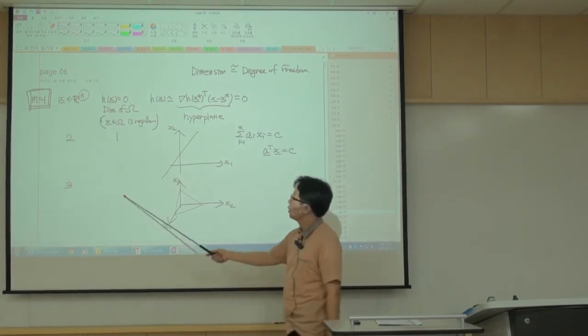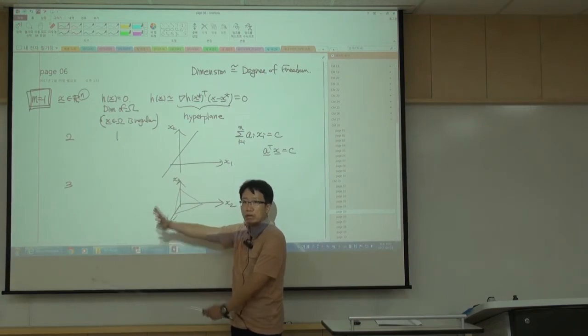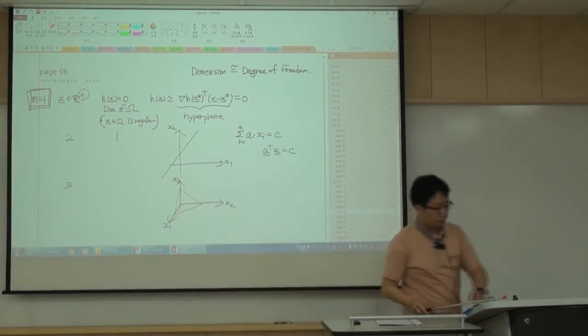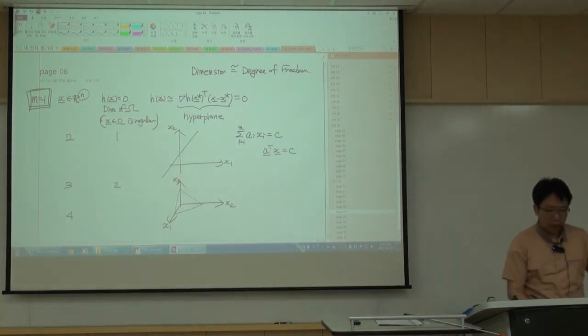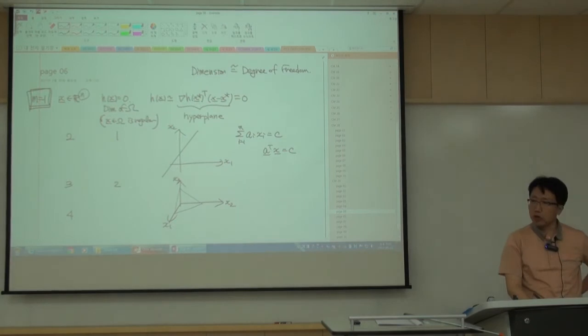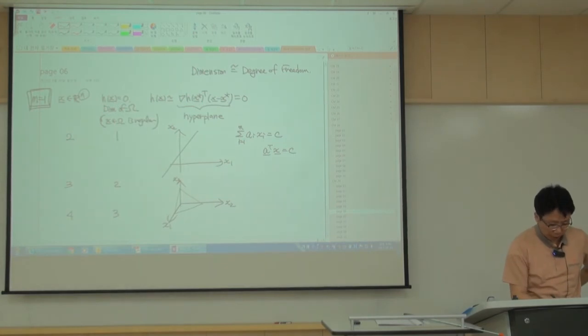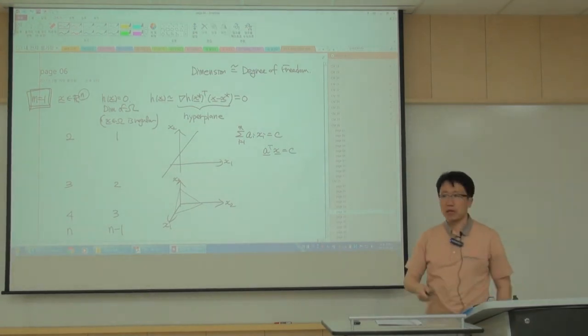What about this one? You have a plane, a two-dimensional plane. Am I right? So in this case, 2. Now, for the four-dimensional space, your hyperplane will have dimension 3. Am I right? So, in general, in the n-dimensional case, you have dimension n minus 1.